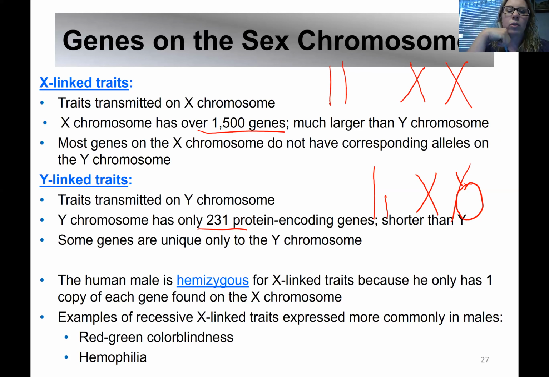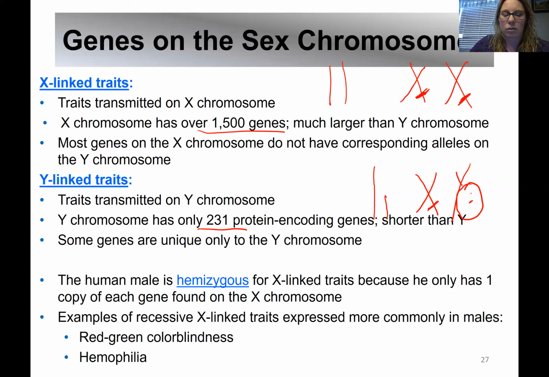So in a disorder like hemophilia or red-green color blindness that is associated with the X chromosome, the female has 2 of the alleles. In the male, you only have 1 allele because this one here is missing. Whatever allele a male gets, if it's associated with the X chromosome, is what his phenotype is.